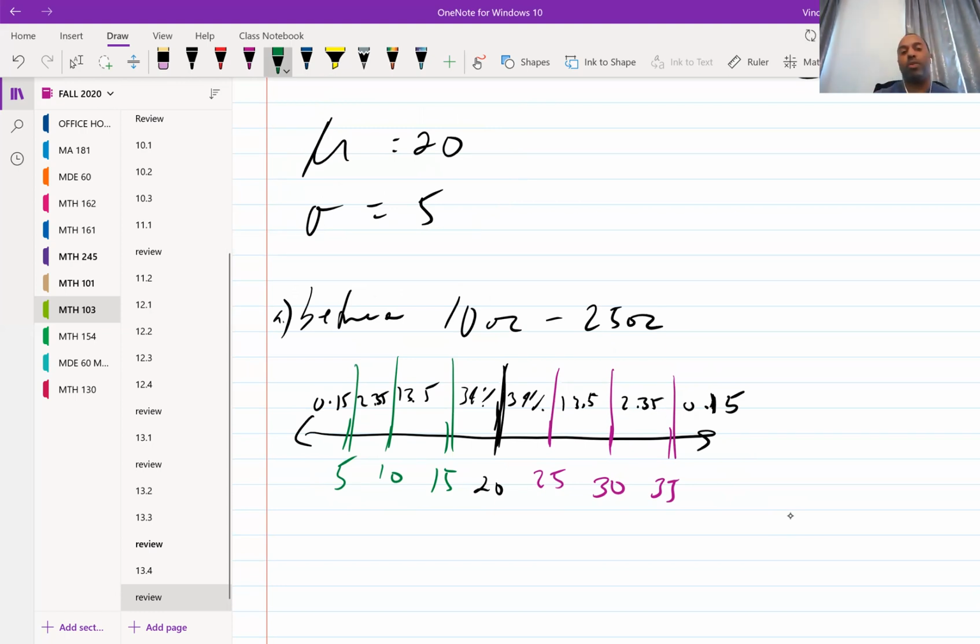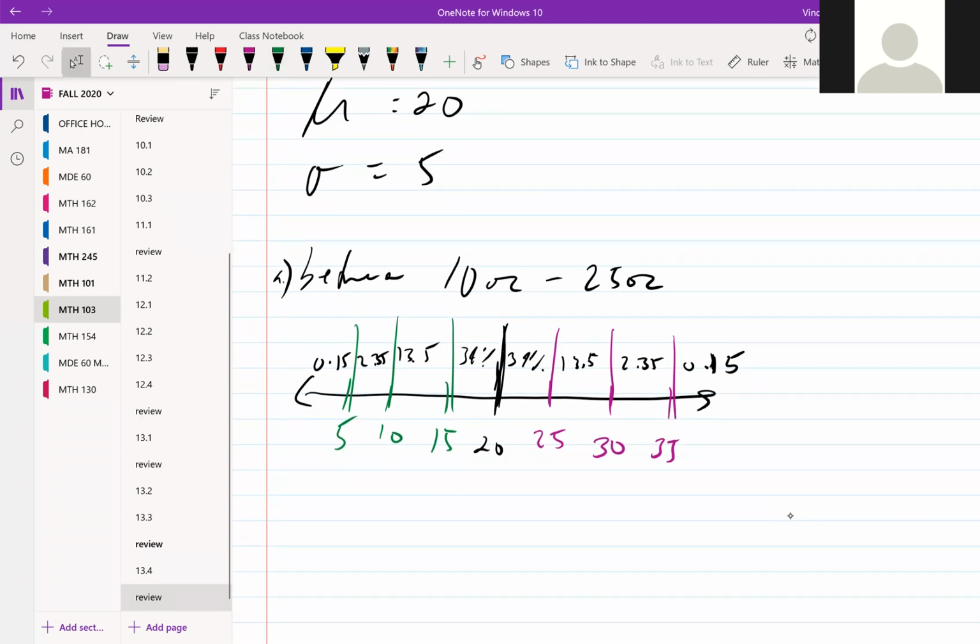So in the middle is always your mean. Then you add the standard deviation 3 times, and to the left, you subtract the standard deviation 3 times from the mean. So they're both 3 times on each side. Exactly. So the left side you subtract, and the right side you add.